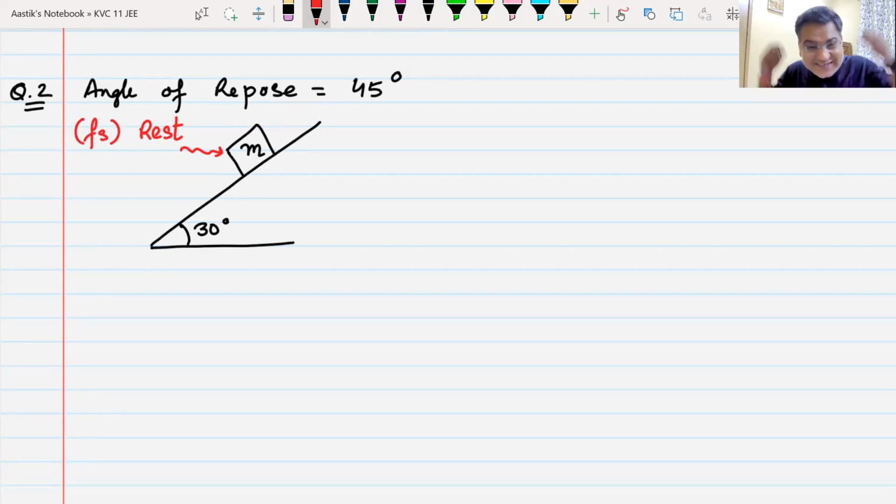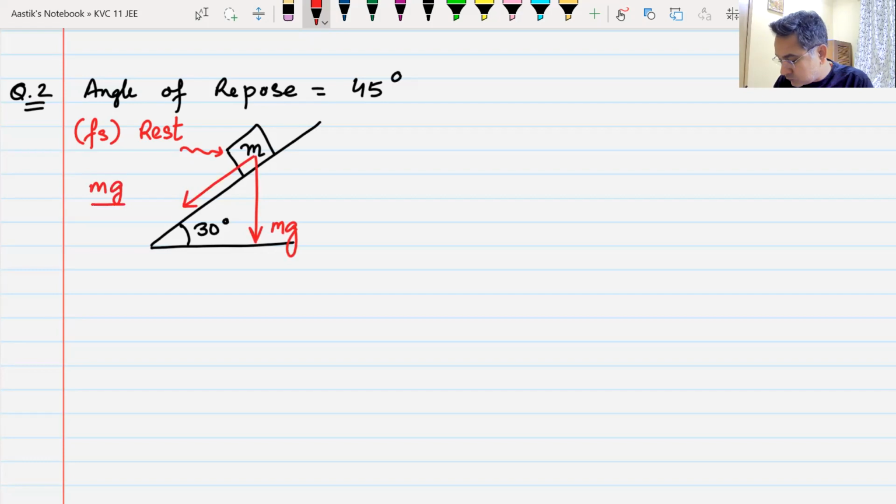And as soon as static friction comes, remember it's a smart one. So you have to be smarter than this static friction to understand what is the value. So what is the value of static friction? You draw this. What is the value of static friction? Anyone who's smarter than this static friction?